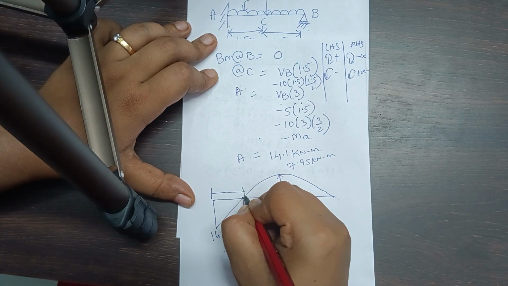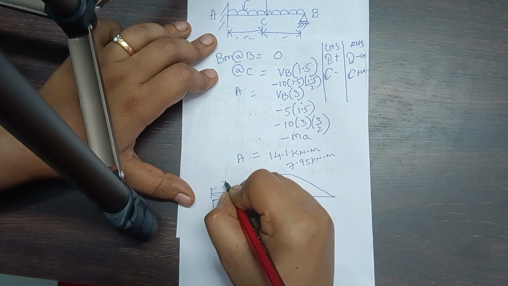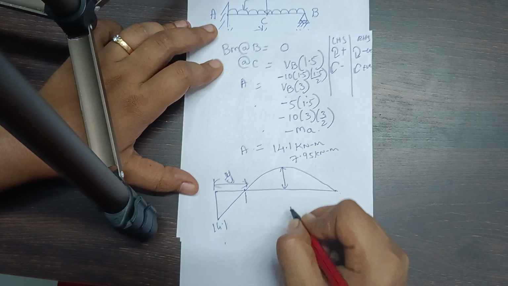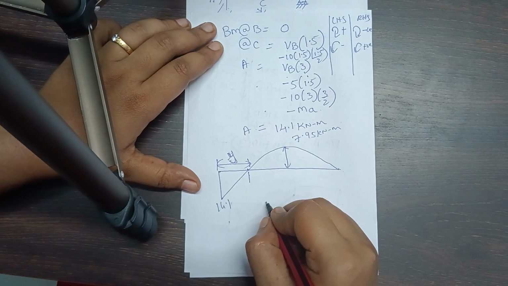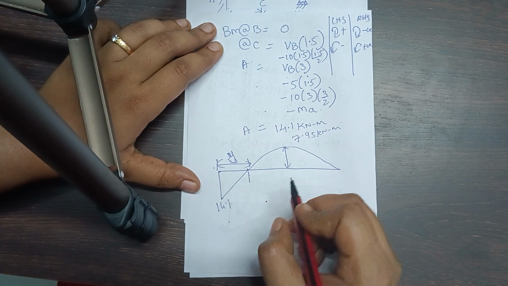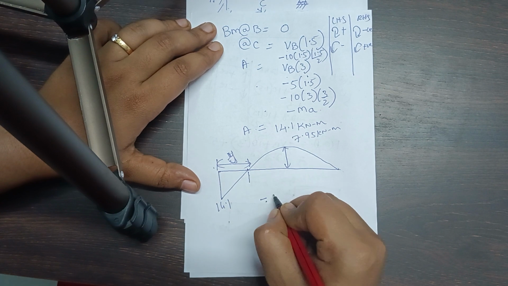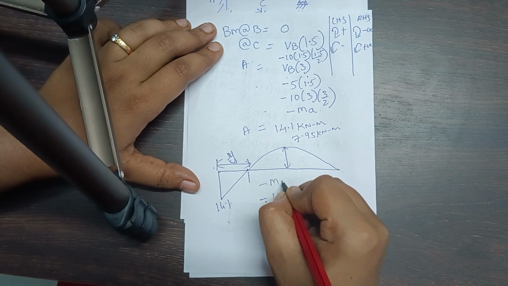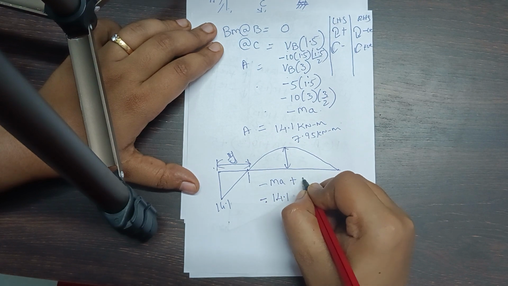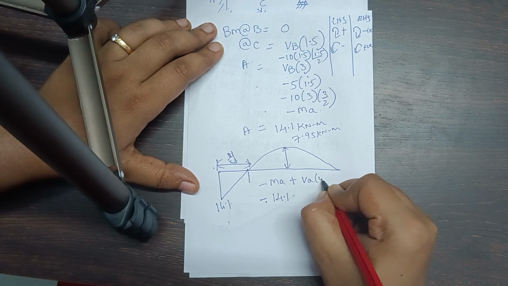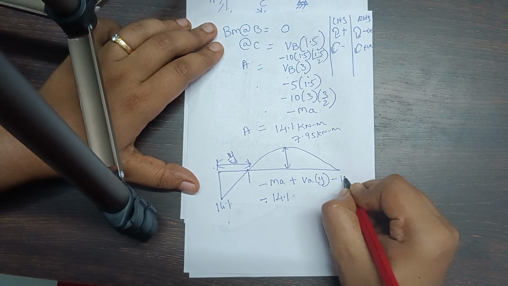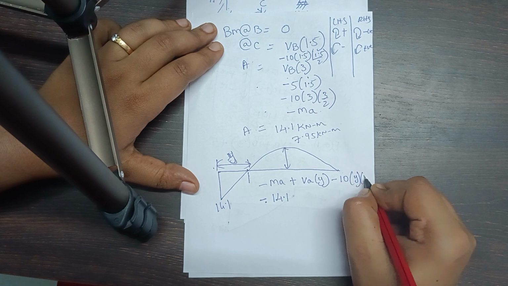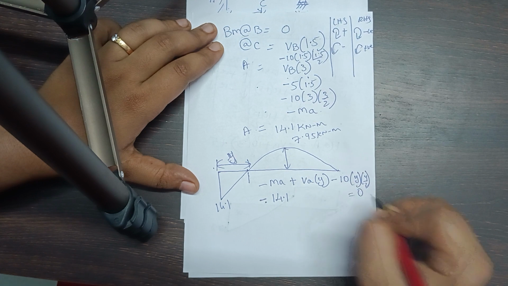If I take this distance as y, the point of contraflexure from this point is minus 14.1, that is equal to minus MA plus VA into y minus 10 into y by 2, and equate that to 0.